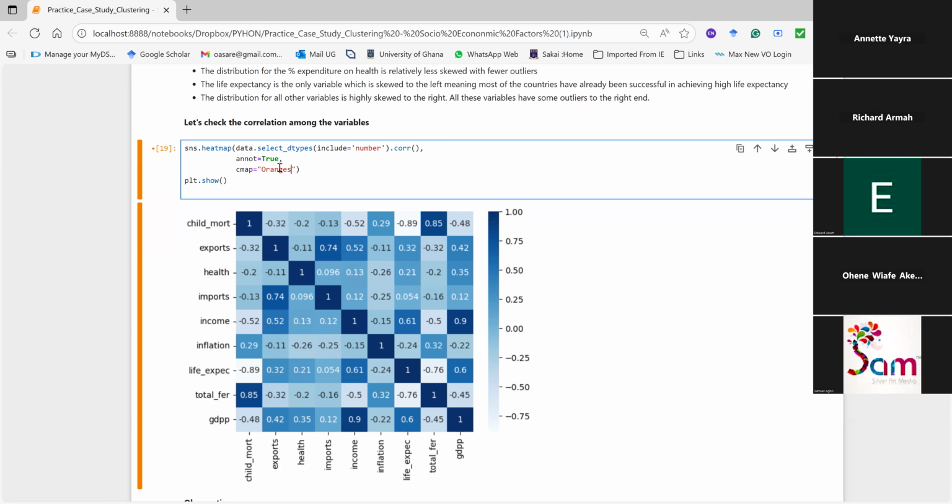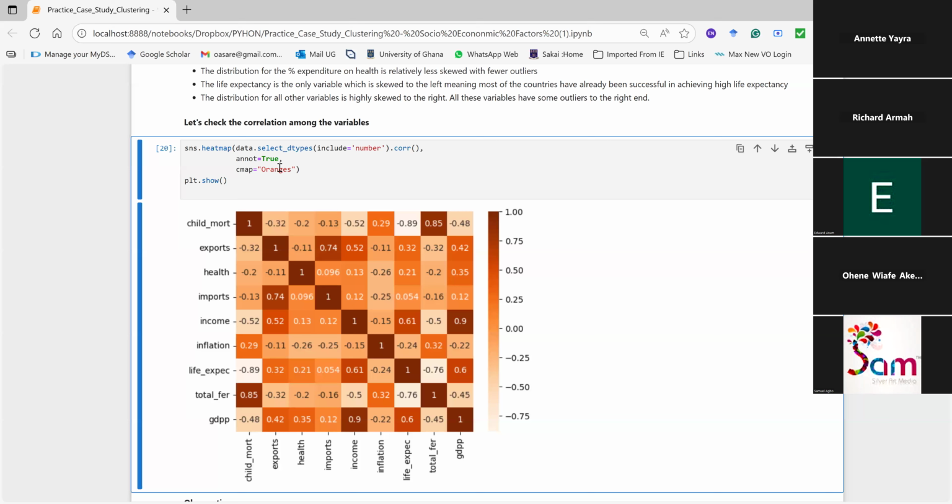You can use oranges like this. So you can use different colors, but you consider the diagonal is indicating 1, perfect correlation. And then some of the correlations are negative, some of them are positive. I'm sure you guys know how to read correlations.